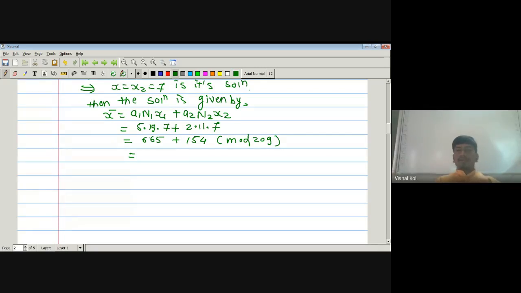That is, we have to find out its remainder when it is divided by 209. 209 into 3, 627. 665 minus 627 is 38.